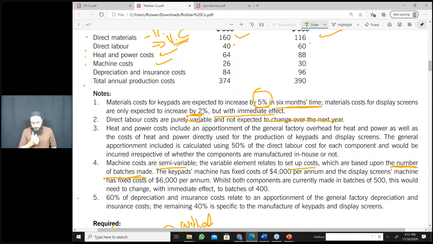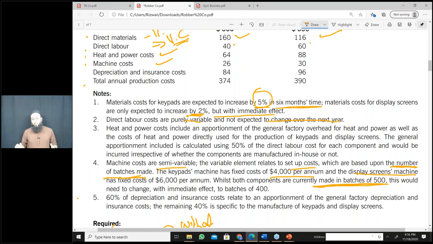So the keypad machine has a fixed cost of 4,000 per annum, and display screen machine has a fixed cost of 6,000 per annum. Okay. Whilst both components are currently made in batches of 500. Now, what this means? Currently made in batches of 500. It means that in one batch we are producing 500 units.